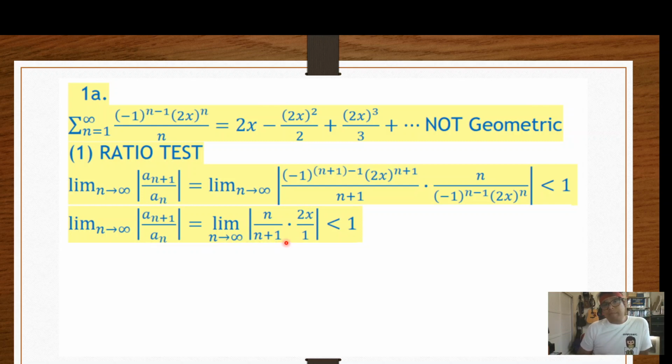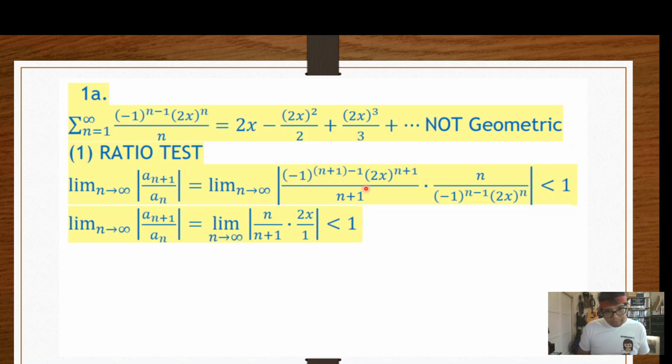On the right side, I've done some simplification. You'll see that the n over n plus 1, I'll keep together because they are related. And then, because I'm in absolute values, this negative 1 over here and this negative 1 over here, regardless of what their power is, if I take an absolute value, I'm just going to get 1. So in essence, I've discarded it, but you don't even need to think about it that way.